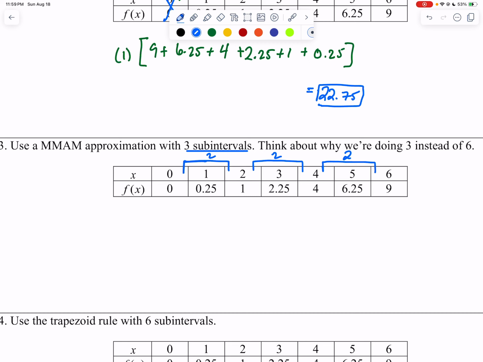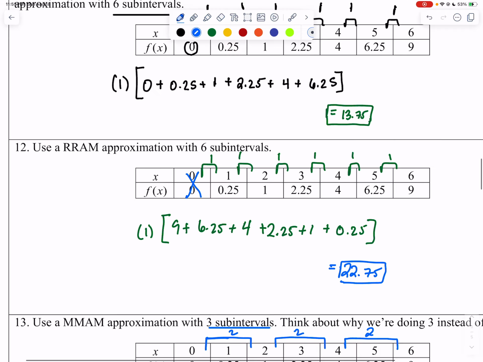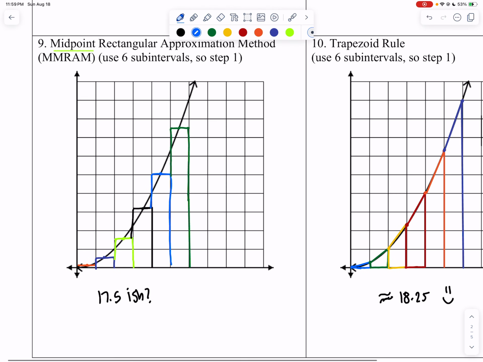Also thinking about that, if I were to look at this here, let's say that I were to go from 0 to 2, I'm going to have 1 as my midpoint.